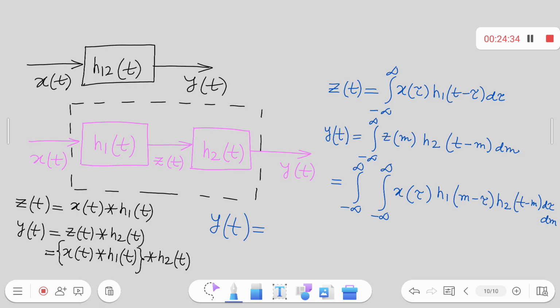So now what you need to do is change the variables. Let's consider t minus m. Better if I go to the next slide.